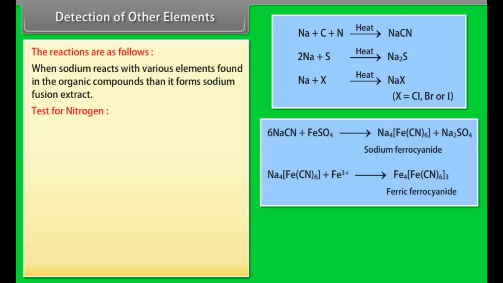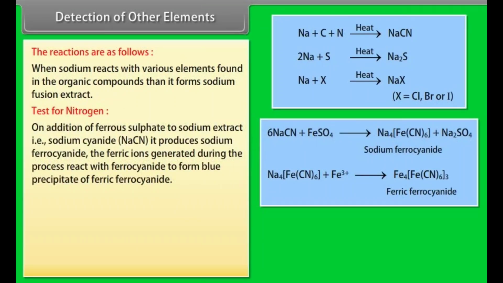Test for nitrogen. On addition of ferrous sulfate to the sodium extract, that is, sodium cyanide, it produces sodium ferrocyanide. The ferric ions generated during the process react with ferrocyanide to form a blue precipitate of ferric ferrocyanide.